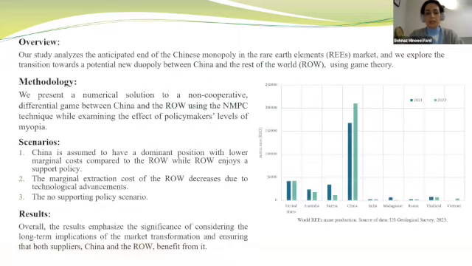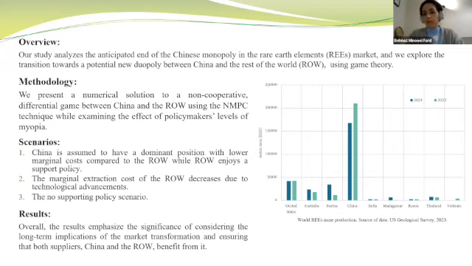About rare earth elements production, here you can see in the graph the world mine production of these elements for the last 2 years, but more or less it follows the same path for previous years also, and we can see China's monopoly in the rare earth elements production market.